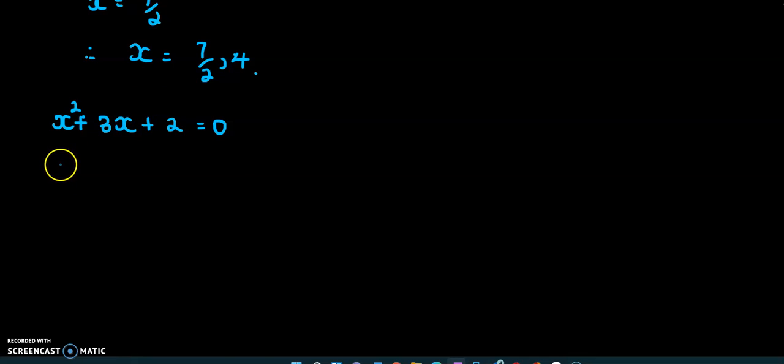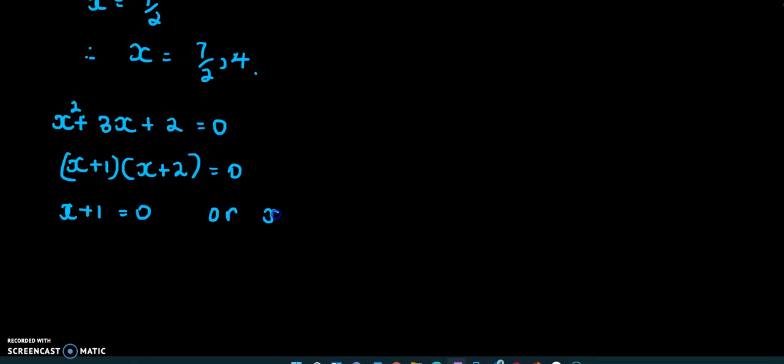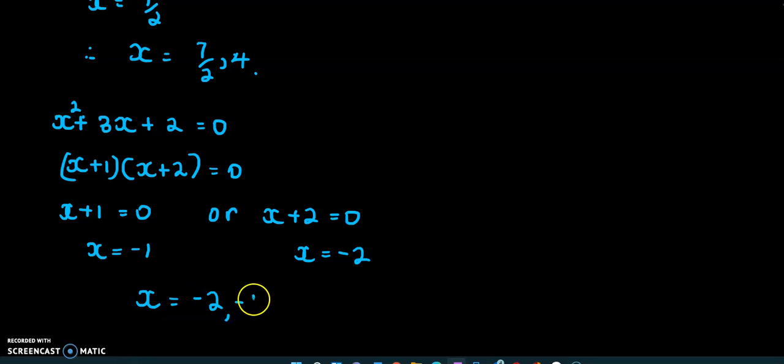So when we factorize this, what do we get? Well, if you factorize normally, you'll get x plus 1 into x plus 2 is equal to 0. So then we'll have x plus 1 is equal to 0 or x plus 2 is equal to 0. So x is equal to negative 1 or x is equal to negative 2. So x is equal to negative 2 or negative 1.